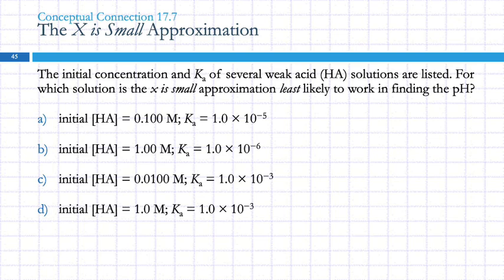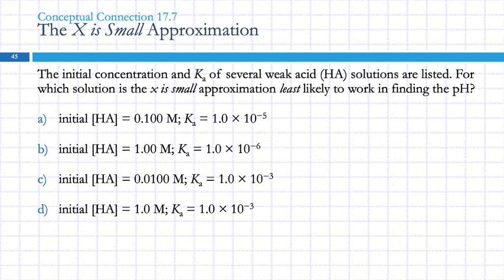The initial concentration and Ka of several weak acid solutions are listed. For which solution is the X is small approximation least likely to work in finding the pH? So X is small works when we're looking at the Ka and the initial concentration. Do we want Ka to be big or small for it to work?